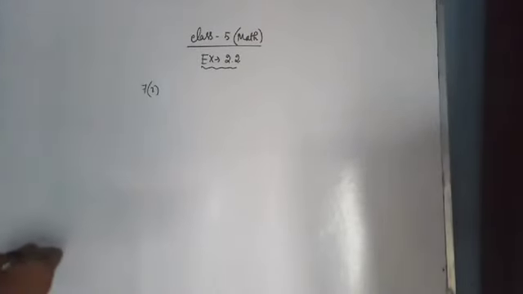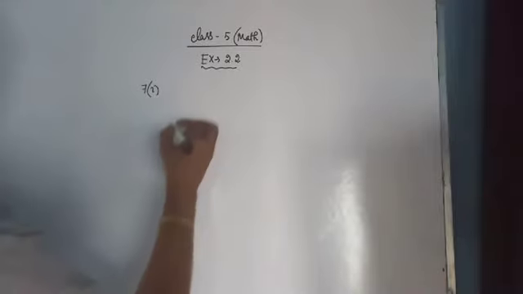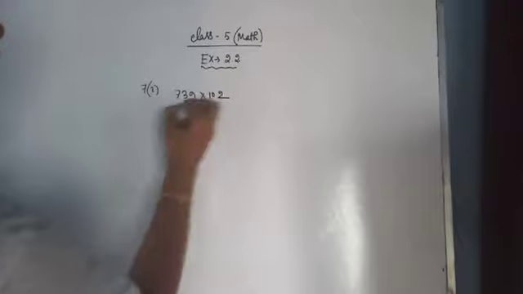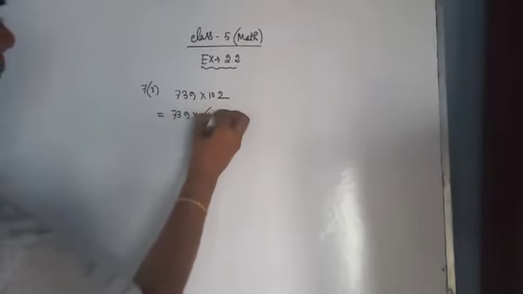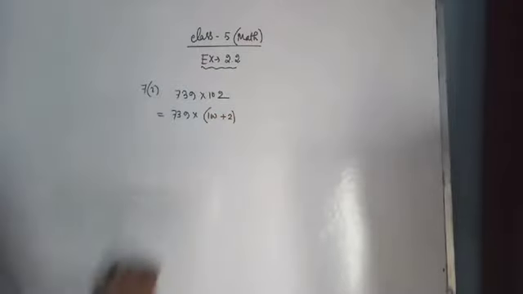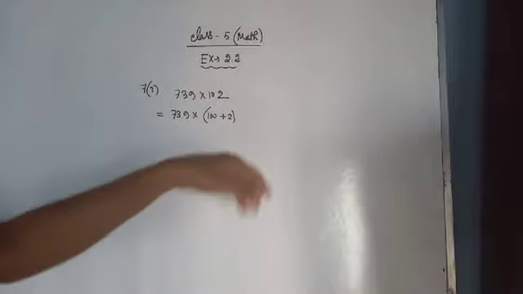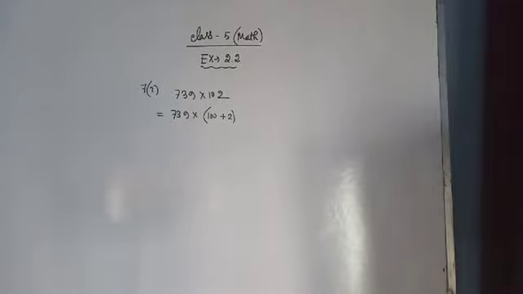Now I go to the last discussion, question 7, part 1. Suppose 739 multiplied by 102. The question asks to find the value using a suitable property. If I divide 102 into 100 and 2, then you can solve that part.